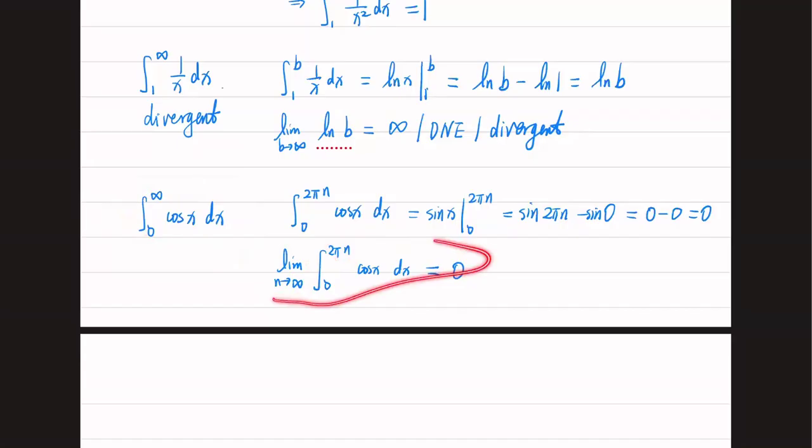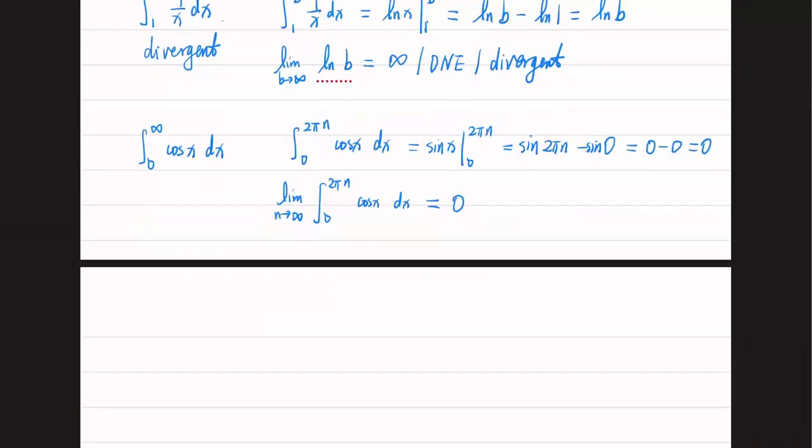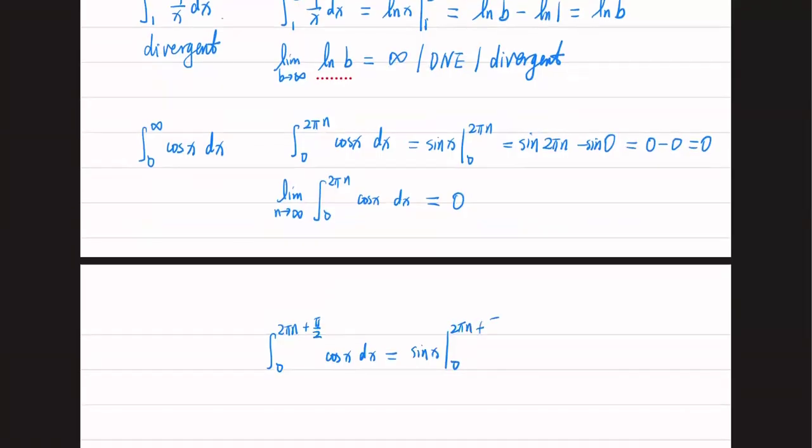However, if we choose a different sequence, 0 to 2 pi n plus pi over 2, of cosine x dx, we get sine of 2 pi n plus pi over 2 minus sine 0, which is 1 minus 0.